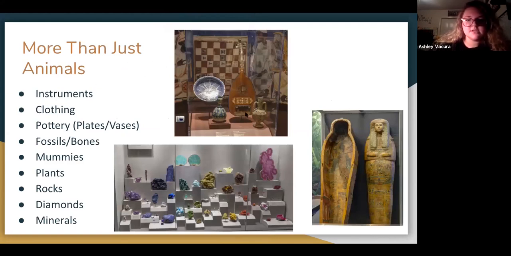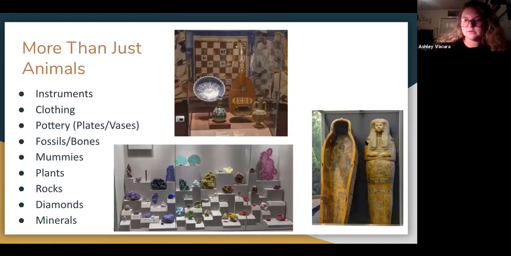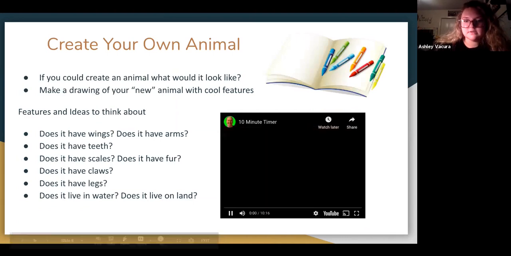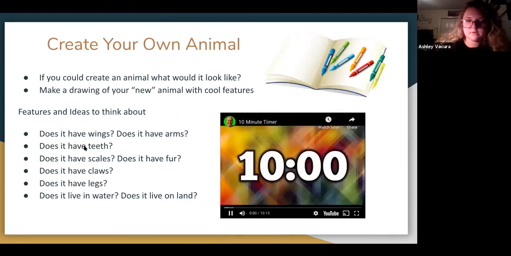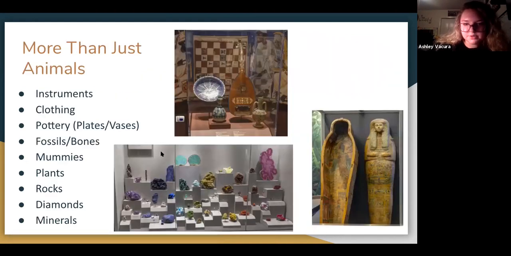There's instruments, there's clothing, there's pottery, there's fossils, and we talked about the mummies a little bit. So this is what they would put the bodies in to mummify them. There's also plants, and these are some of the rocks and the minerals that I was talking about. So they turn these different colors, which makes them pretty cool because they're all different colors.